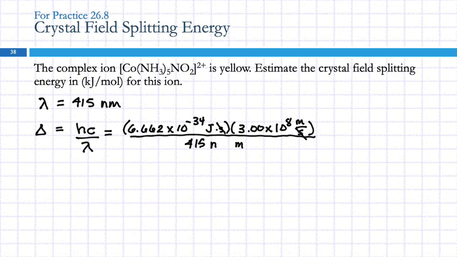So I'm going to replace nano with what it means. So nano means times 10 to the minus 9. This is not proper scientific notation. You end up with a number like that as an answer. You need to put it in correct scientific notation. But you can use this in your calculator because your calculator doesn't care. Right? So it's just a very fast way to do unit conversions. So now the meters cancel out and we can do the math.